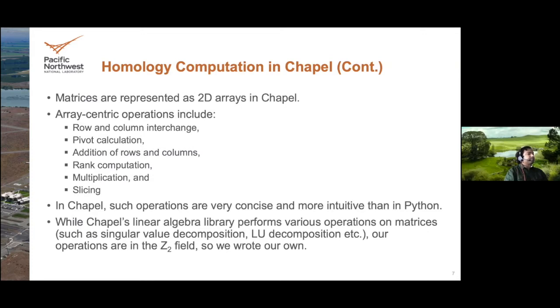One thing I need to mention is that while there's a linear algebra library in Chapel on matrices to do singular value decomposition or LU decomposition, all our operations are in the Z2 field. That means all the entries in our matrices are going to be 0 and 1, and operations, for example any kind of matrix multiplication or addition, are going to result in 0 and 1. So that's why we wrote our own implementation for these functions.